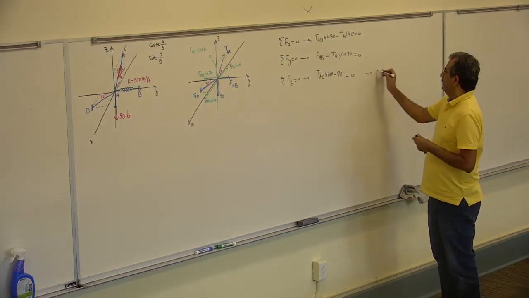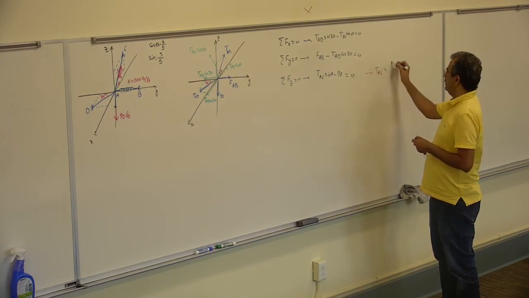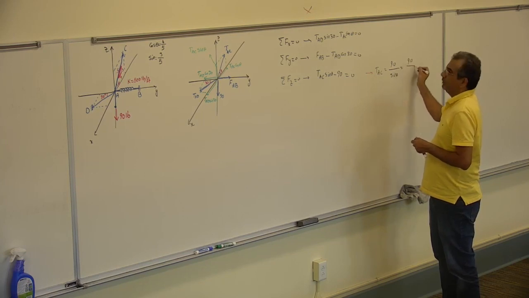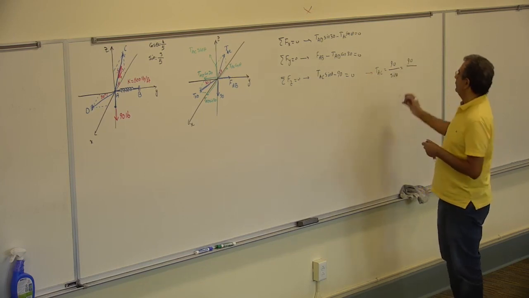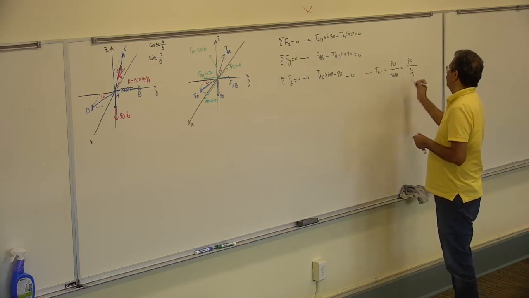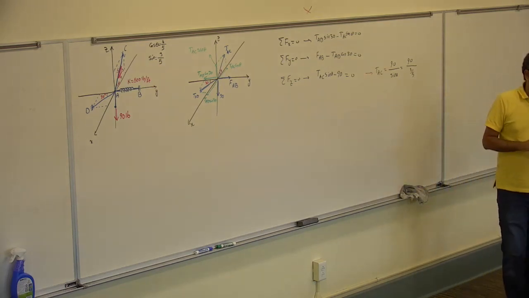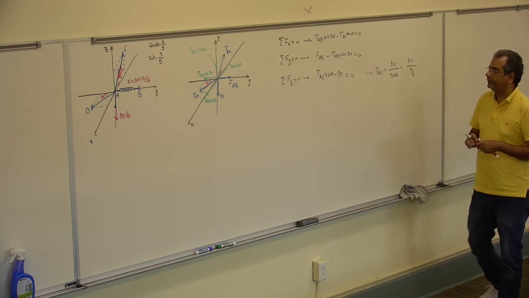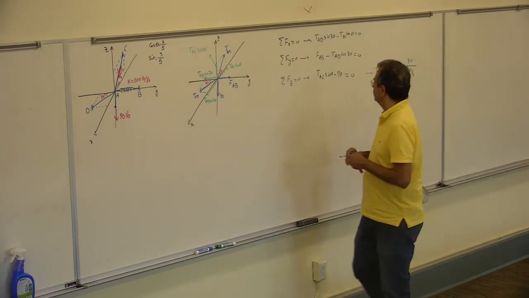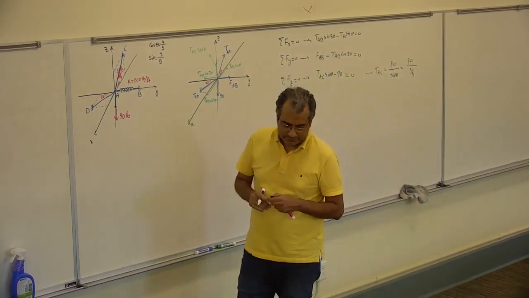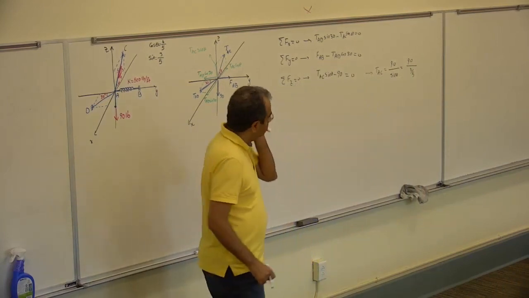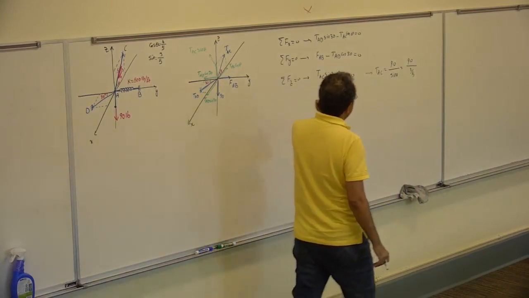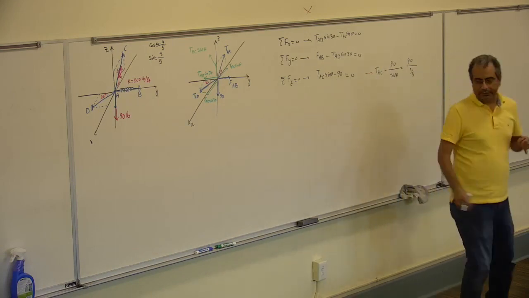I can say that TAC is 90 divided by sine theta, which is 90 divided by 3/5. How much is TAC?